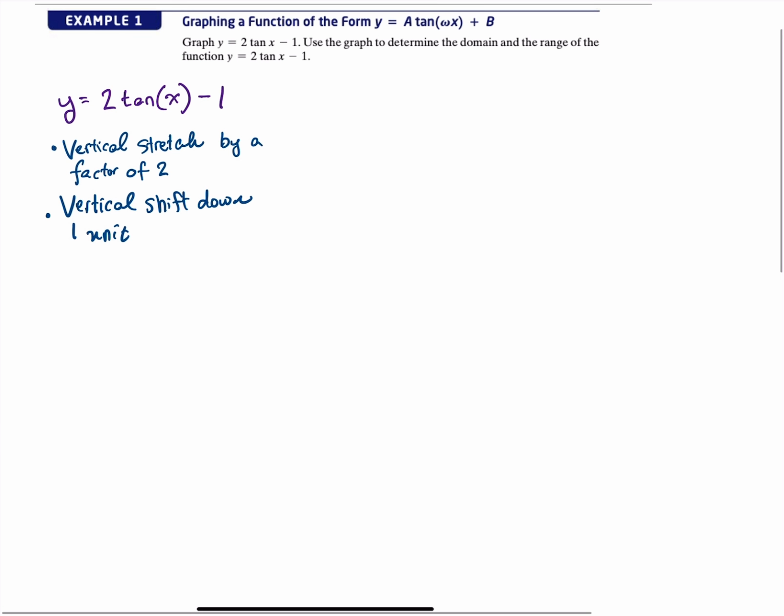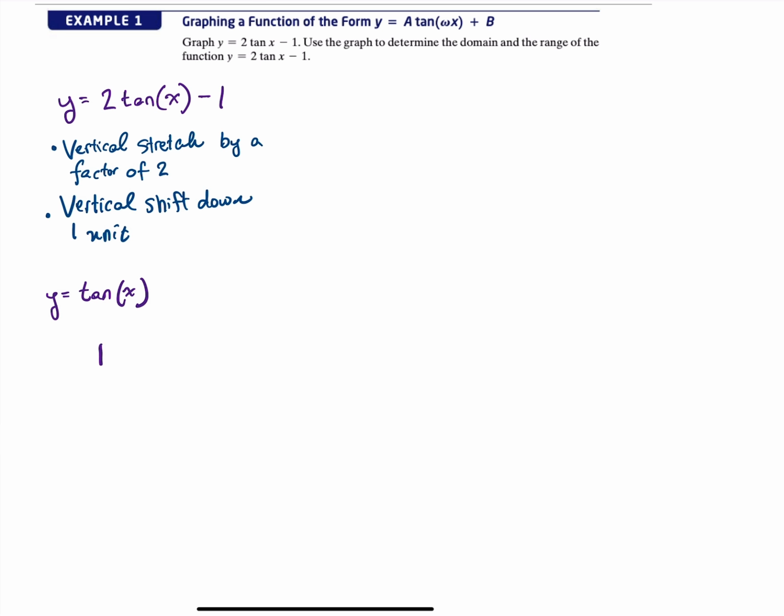All right, so we can try to get this all in one go, but I usually like to do things as a series of transformations just to try to avoid little errors as we go through. So I'll do a couple quick sketches first. Let's do a sketch of just the base tangent function. I'll overview my process again for doing that.